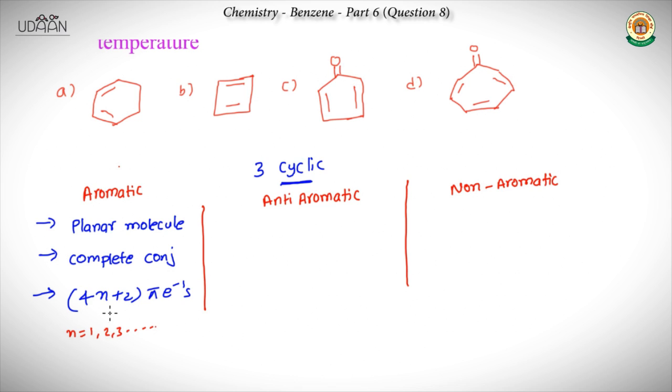This 4n plus 2 pi electron rule is called Huckel's rule for aromatic compounds.